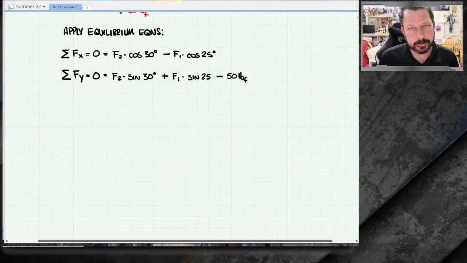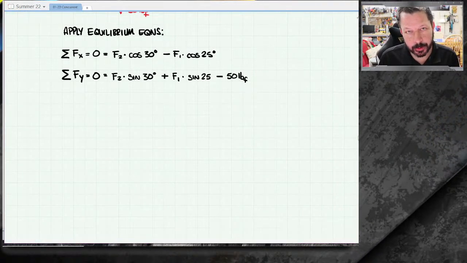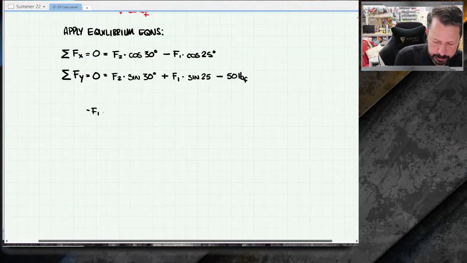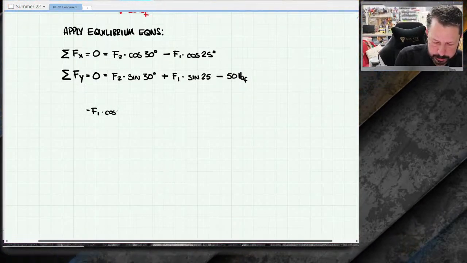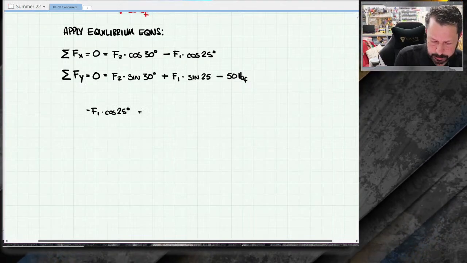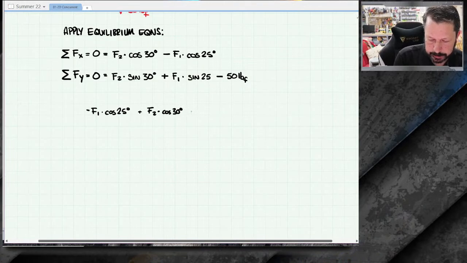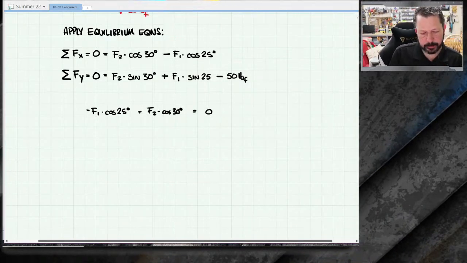Let's put them in order. F1 comes before F2. So negative F1 times cosine of 25 degrees plus F2 times cosine 30 degrees equals 0. I'm rearranging them a little bit.